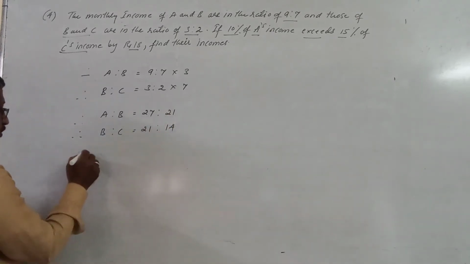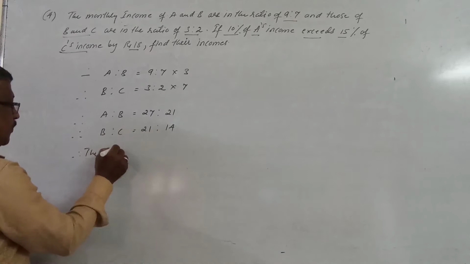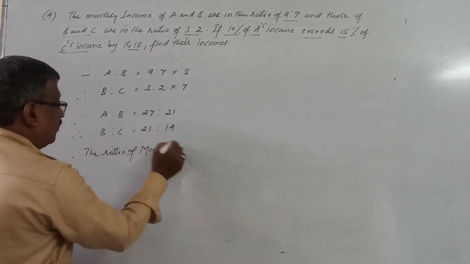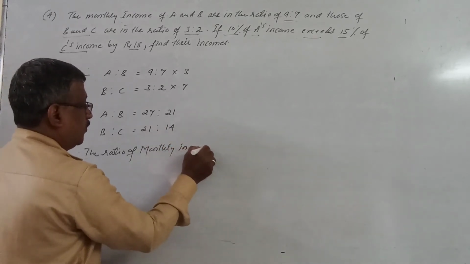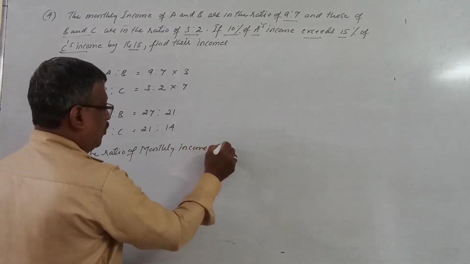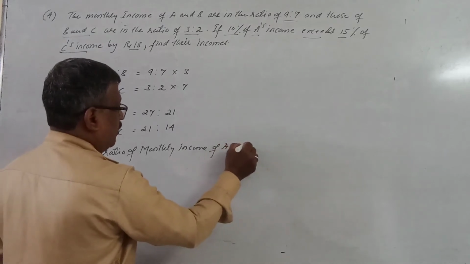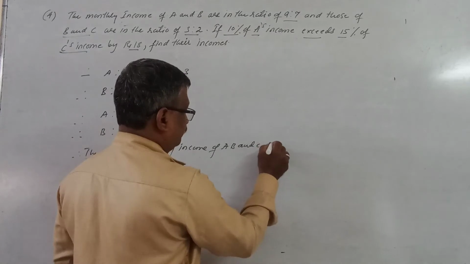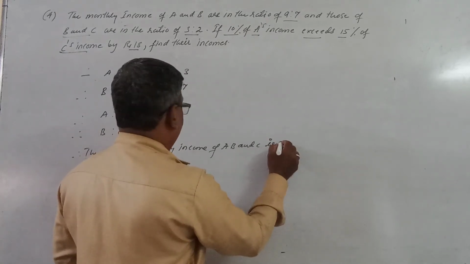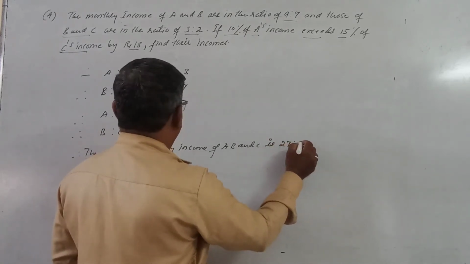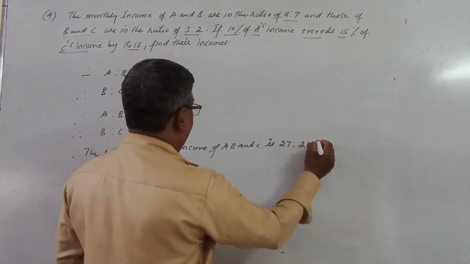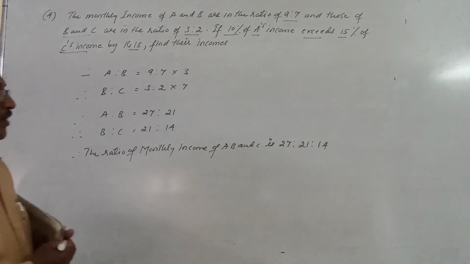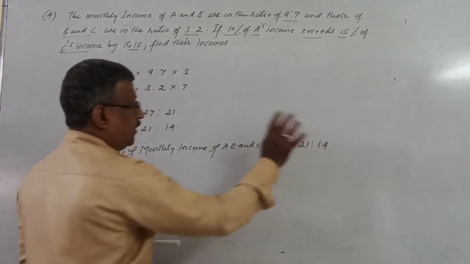Therefore the ratio of monthly income of A, B and C is 27:21:14.